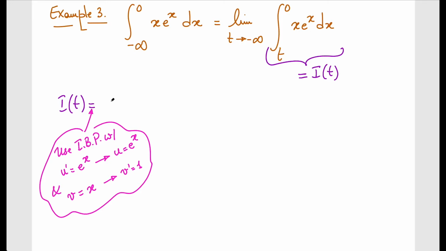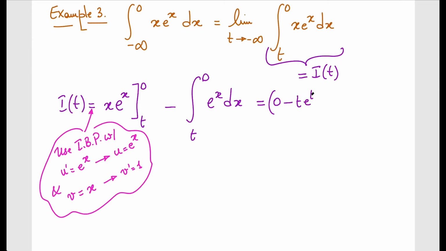We get uv, so x e^x, between t and 0, minus the integral from t to 0 of u v prime, so e^x dx.